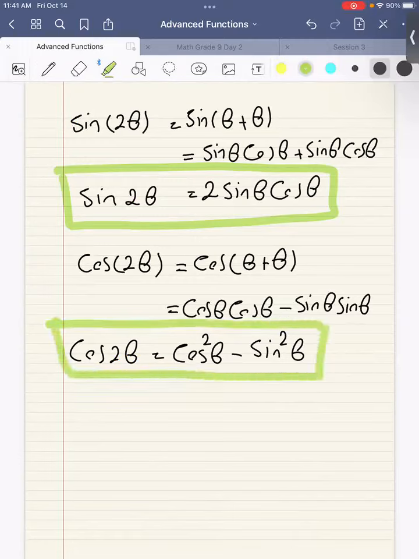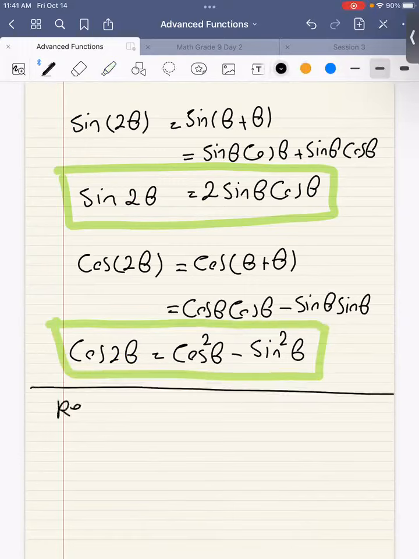Right? And recall that we know sine square plus cosine square of theta is equal to 1. This is the most important formula you should know: sine square plus cos square is 1.